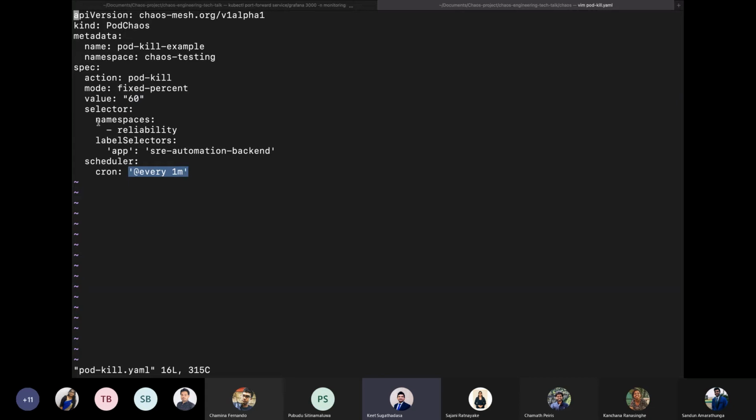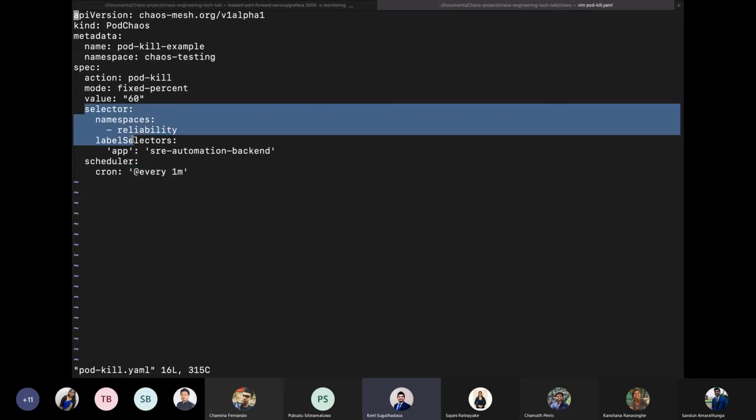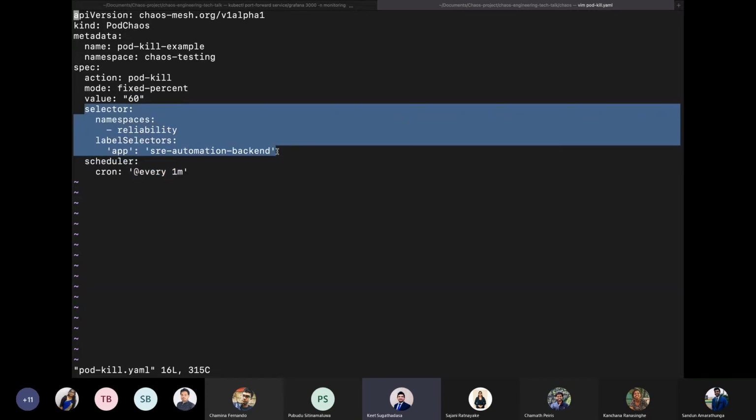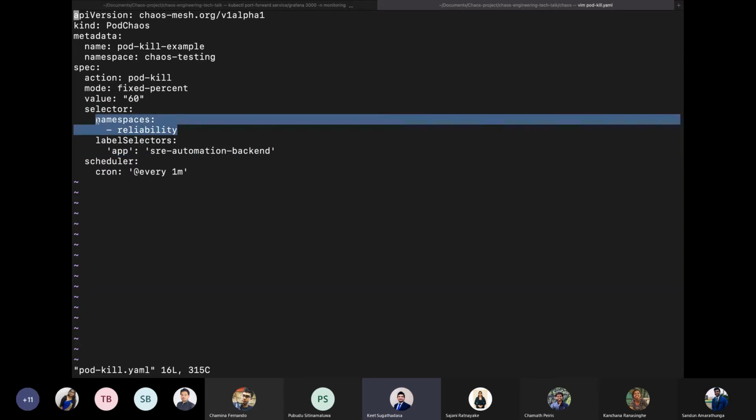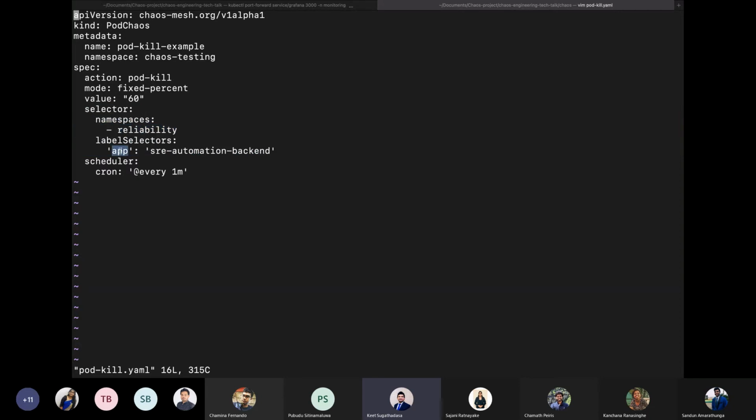And with a tool like this, as I said, we can minimize the blast radius, and we can actually specify, okay, run this on the namespace of reliability. And then even on the namespace reliability, run this on a specific application only. So this will not affect all the applications. We can scope this into a certain limited service running in Kubernetes.